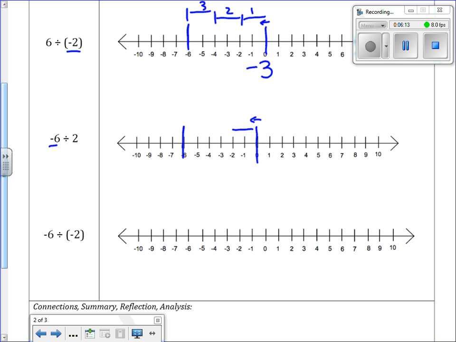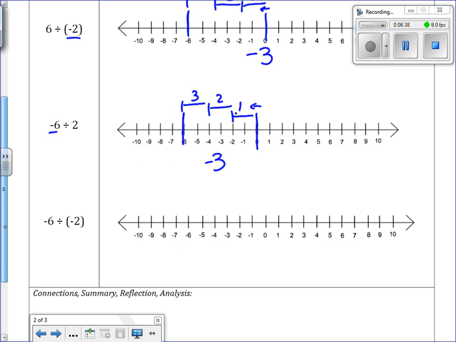So I'm going 1, 2, 3. Since I'm figuring out these groups on the left side of the number line, or to the left of 0, it's going to be negative 3. Okay? If my groups went to the right of 0, it would be positive. If it goes to the left of 0, it would be negative.